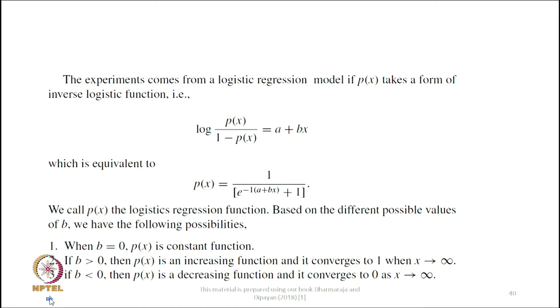Based on the different possible values of small b, we have the following possibilities. We have 3 possibilities: when b is equal to 0, when b is greater than 0, and when b is less than 0.